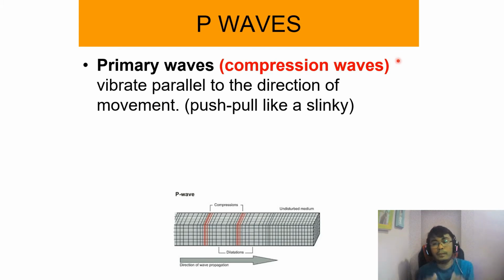Okay? So, di ba nakapaglaro naman kayo ng slinky or yung mga toy spring nung bata pa kayo, di ba? Wherein, if you move the slinky on that direction, okay? So, it propagates also going to that direction. Okay? So, here, we have what we call parallel kasi yung direction ng movement is parallel doon sa vibration.